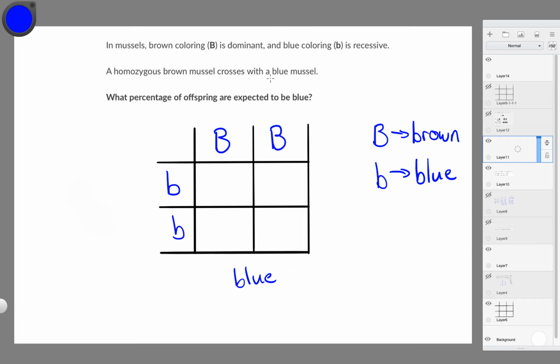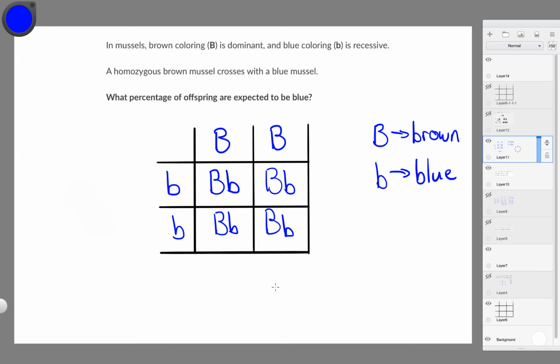So we know that when it says blue mussel, it's both recessive. So with that out of the way, let's try this. So cross that and that, cross that and that. Same deal there and there. And there and there. Right, so what percentage of the offspring are expected to be blue?